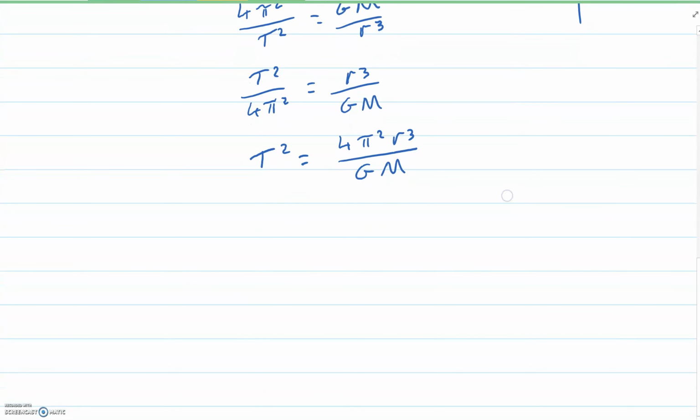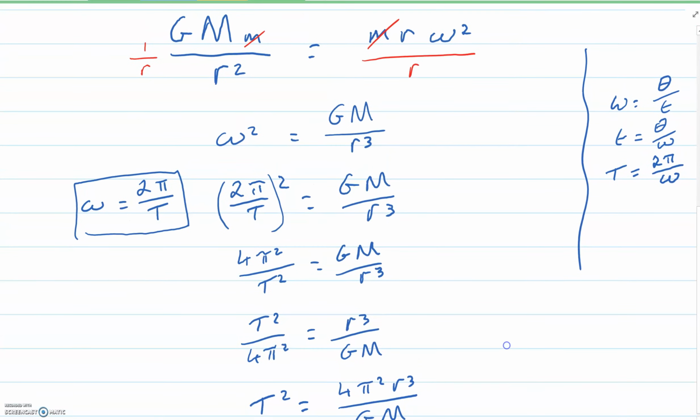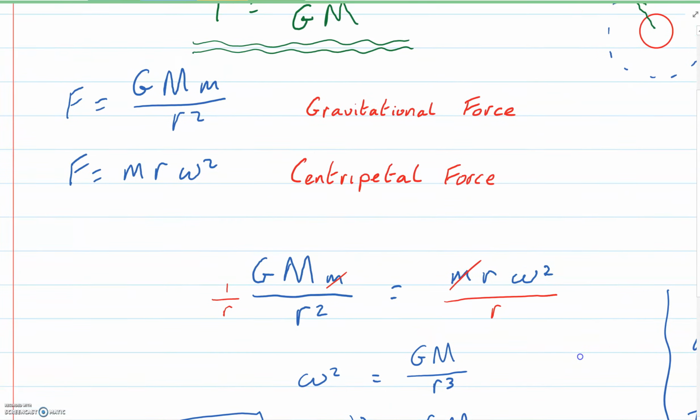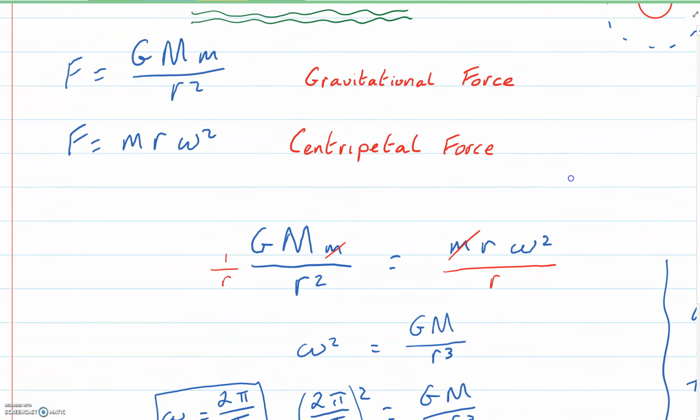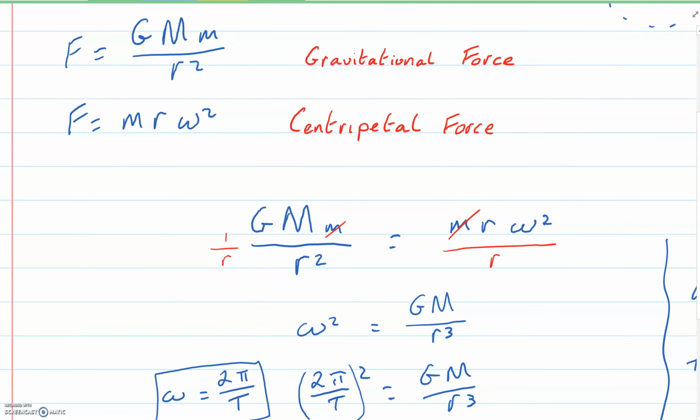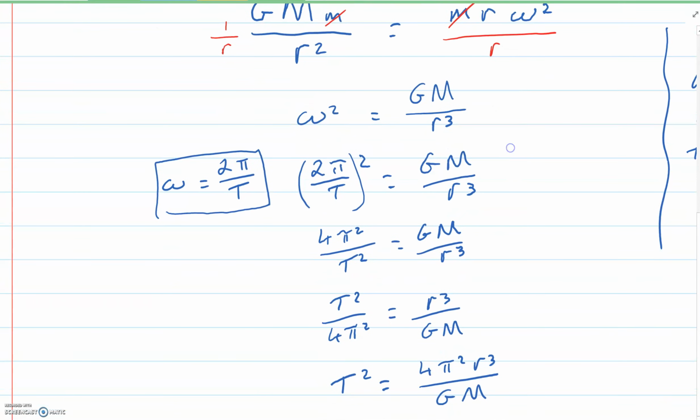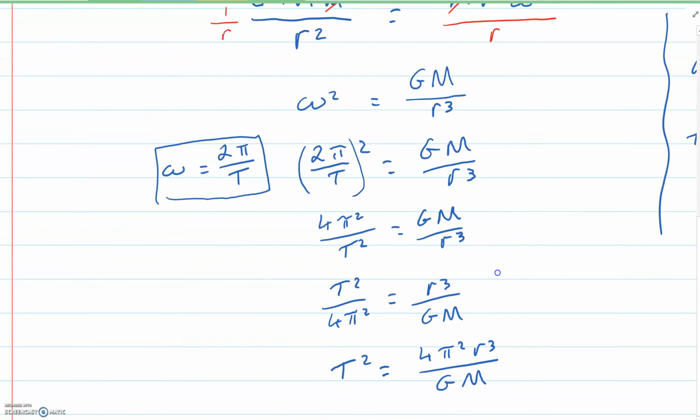Okay, so that's the first method. Now, if you are trying to recreate this in the exam, you need to do pretty much everything that I have done here. Starting from this point, state the gravitational force, state the centripetal force, equate, put both of them together, and if you just skip down, that's absolutely fine.